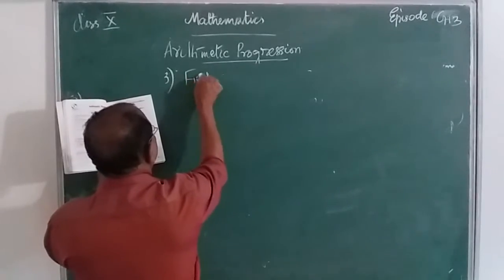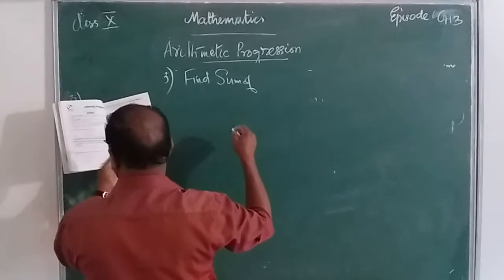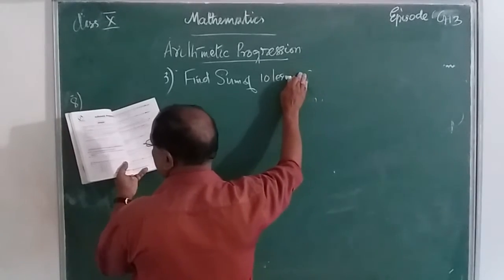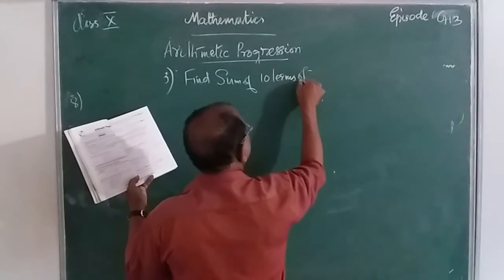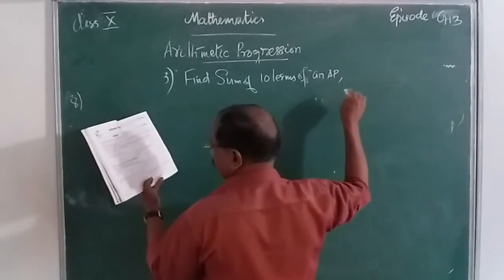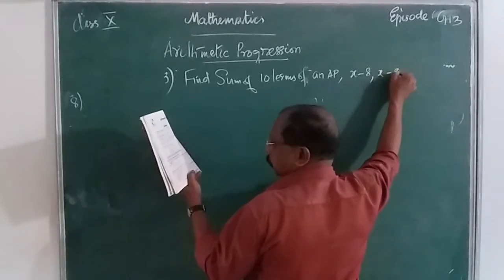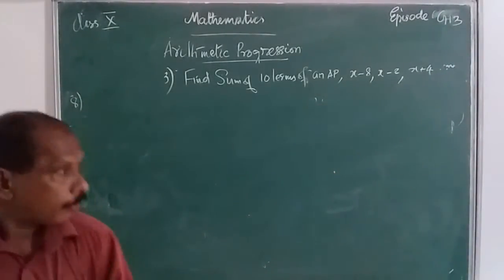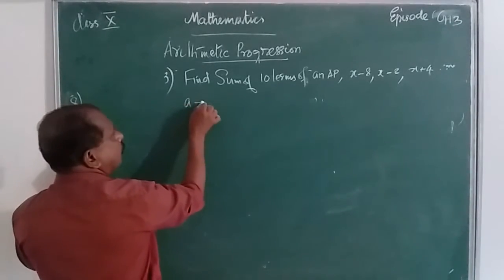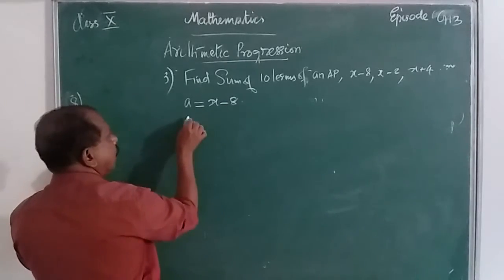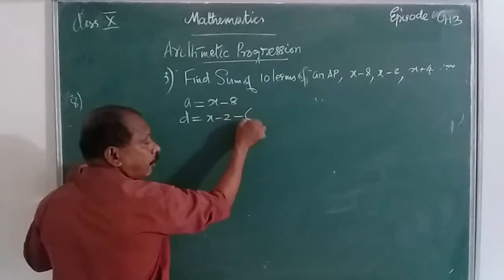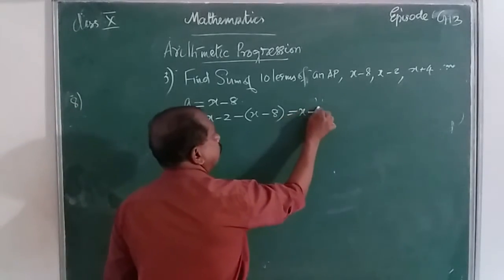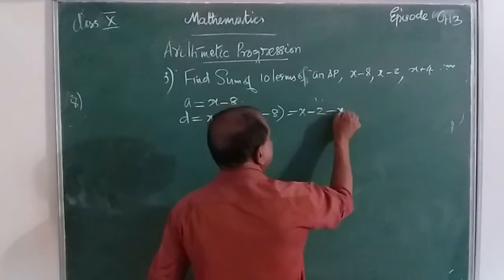Find the sum of 10 terms of the AP x minus 8, x minus 2, x plus 4, etc. That is a is equal to x minus 8, d is equal to x minus 2 minus of x minus 8, for negative take bracket, that is x minus 2 minus x plus 8.